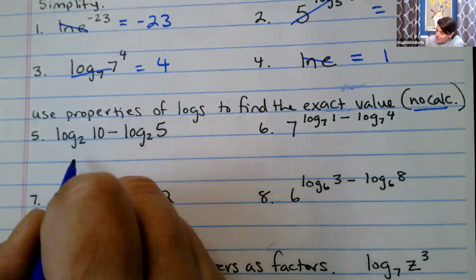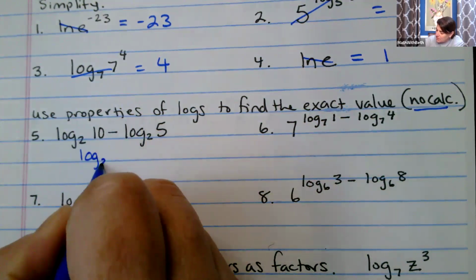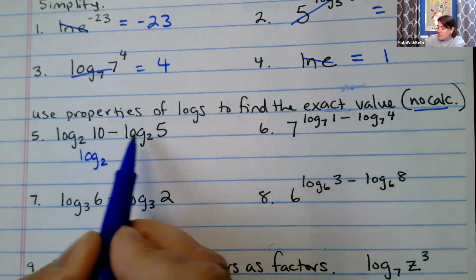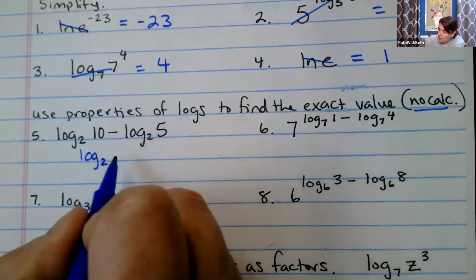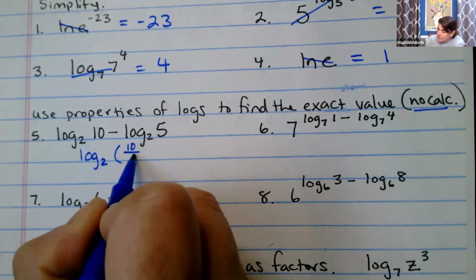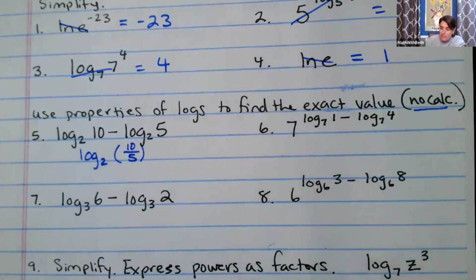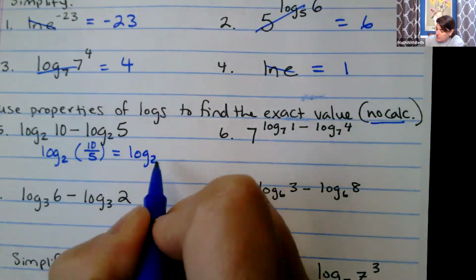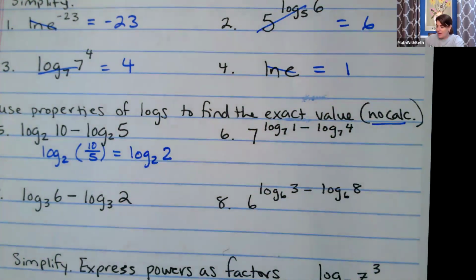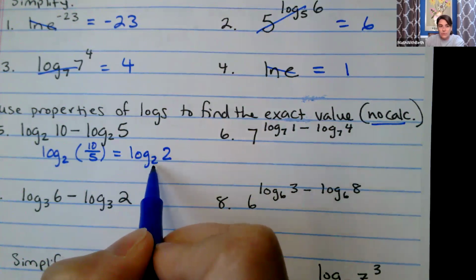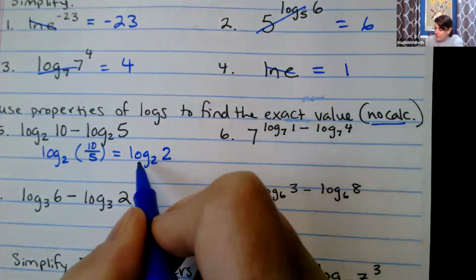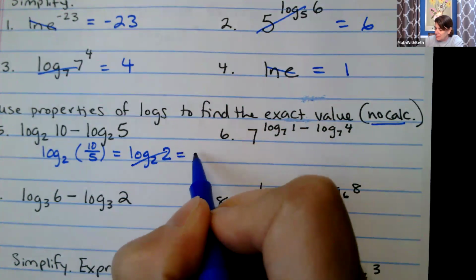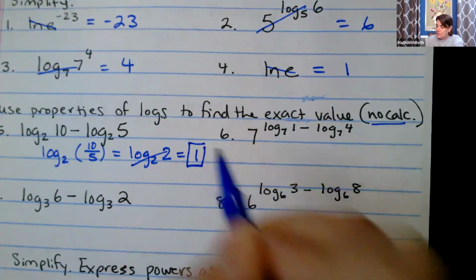But I could rewrite this using the laws I just learned, as instead of two separate logs, I could write it as one log of the 10 divided by the 5. And since 10 divided by 5 is 2, I now have the log of 2 base 2. So all of that wipes out, and I'm left with just the exponent, which is 1.